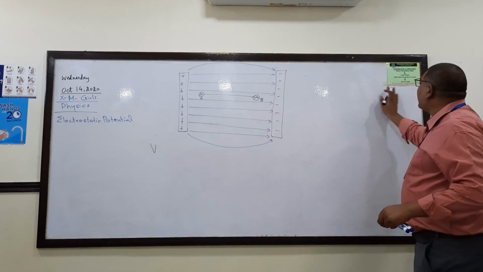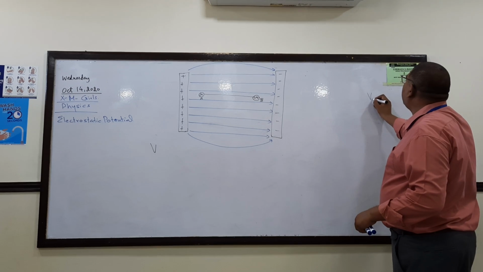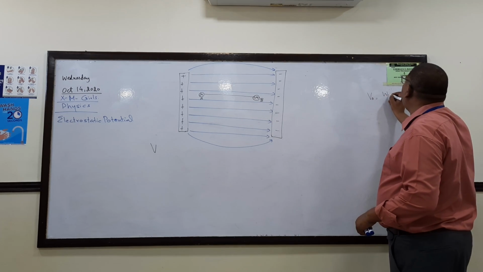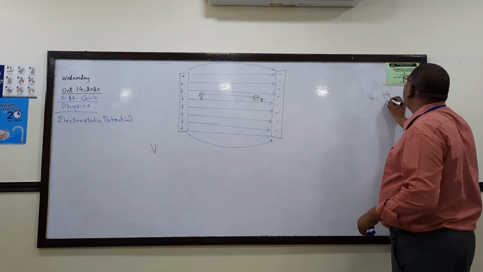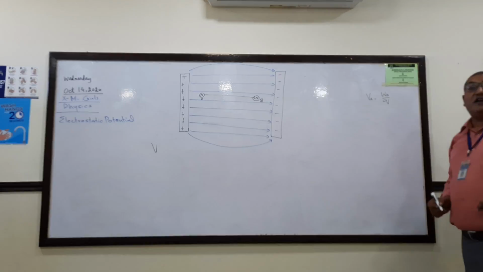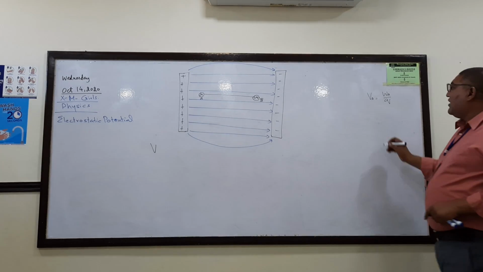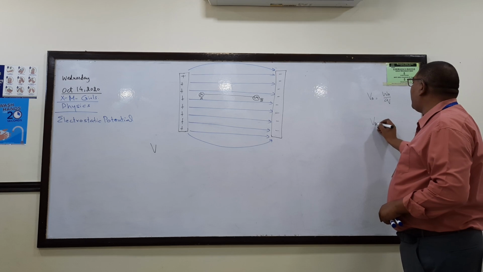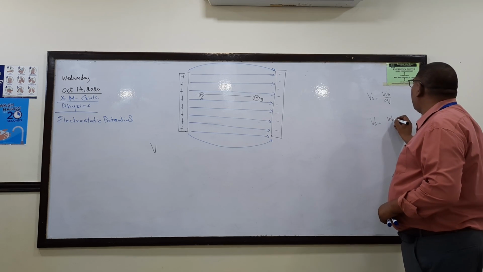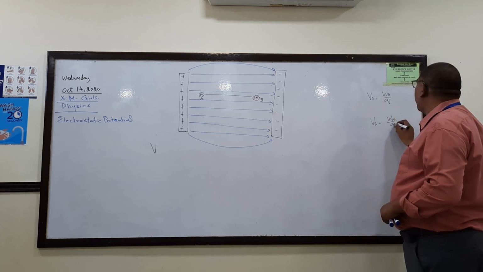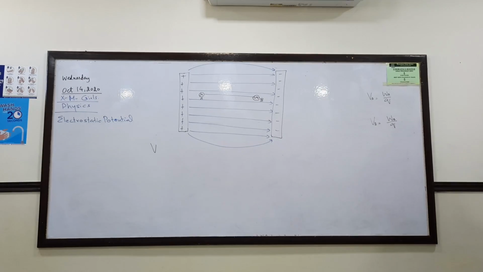In your previous lecture, what you learned, that the voltage at the point A will be the work done A divided by Q. This is what we learned in the previous lecture. The electrostatic voltage at the point B will be the work done B divided by Q. Work done, what do I mean by work done? It is the amount of work which I have to do to move that charge from infinity to that point.